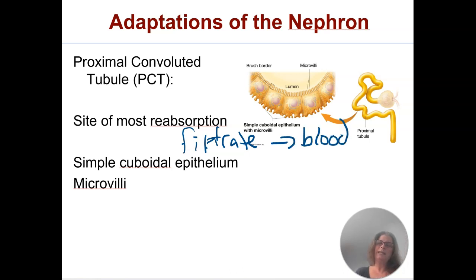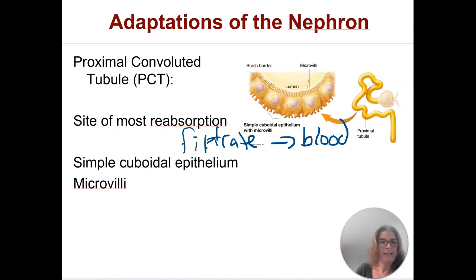Because you'll see that filtration is not very selective. Anything small goes. And there'll be stuff in our filtrate that we need back. So reabsorption allows it to leave the filtrate and go back to the blood. Because we're doing so much reabsorption, these are simple cuboidal epithelial cells, and they have microvilli. Remember, microvilli are going to increase the surface area, which will really help with the reabsorption.